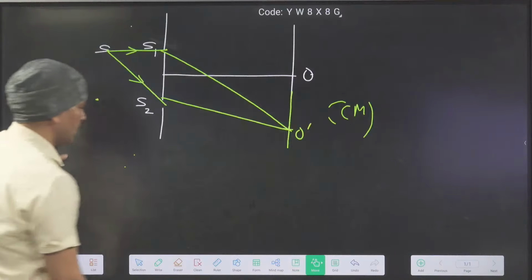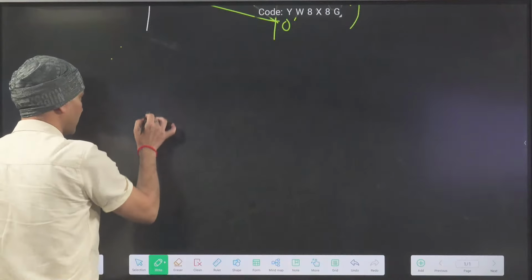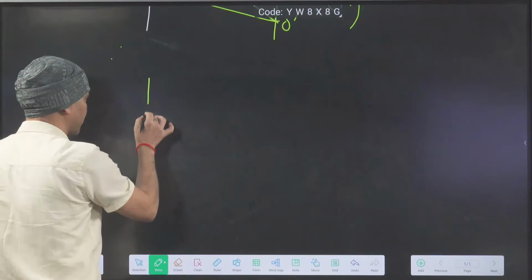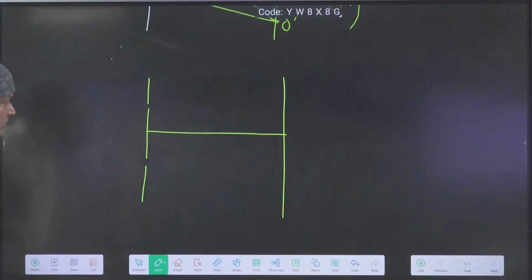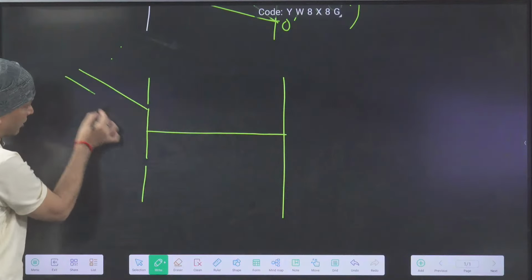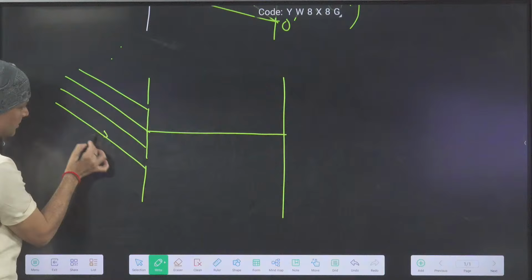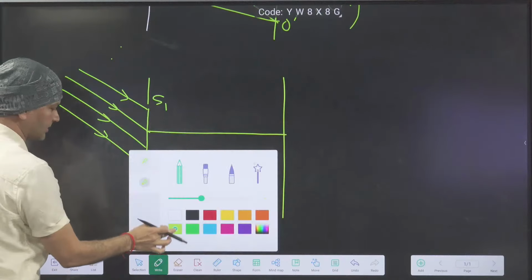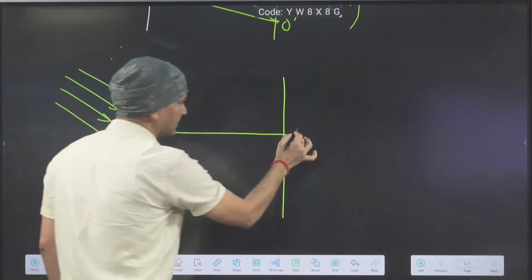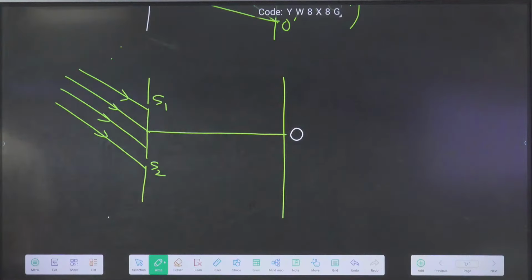In this case, suppose I'm not taking the primary source like this. I'm taking the primary source at a far distance, and this type of light ray falls on the slits.